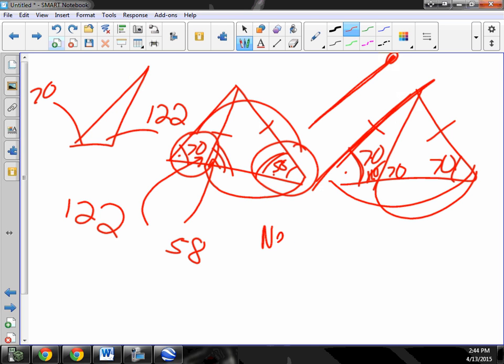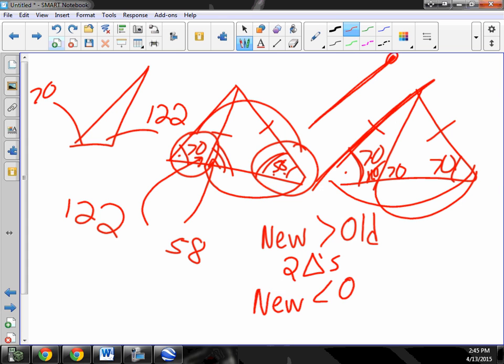If the new is bigger than the old, so if this is big, then the supplement is small, which means there are 2 triangles. If the new is smaller than the old, then if this is small, the supplement is large, which means the second triangle doesn't exist, so there's 1 triangle.